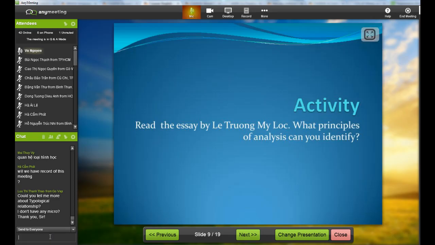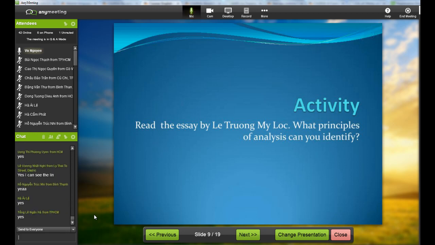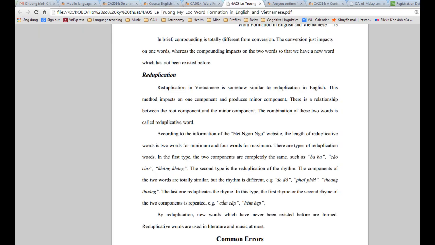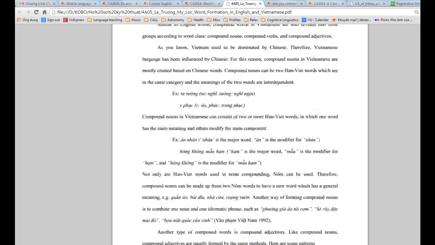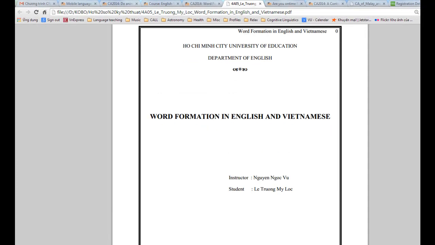Please type yes into the chat window to confirm. Great. So now I give you 5 minutes to look at the essay, and then we're going to come back and discuss the principles that you can identify in this contrastive analysis.